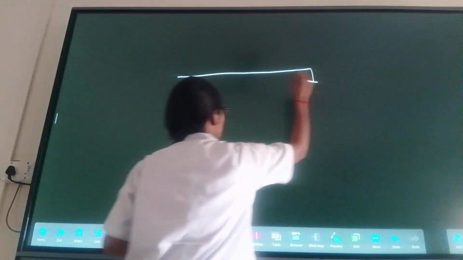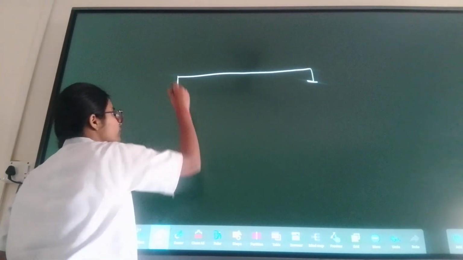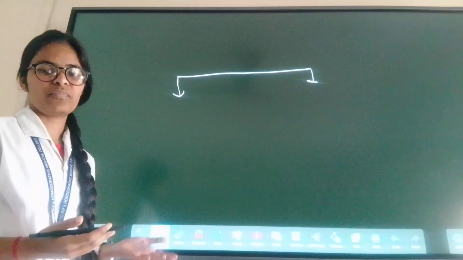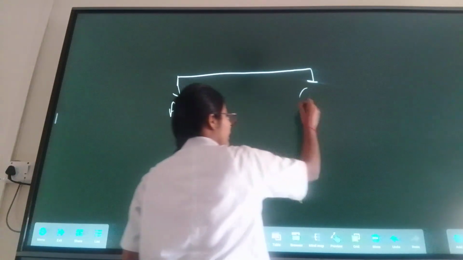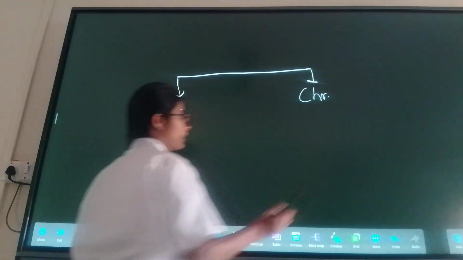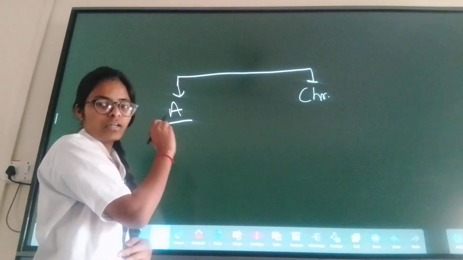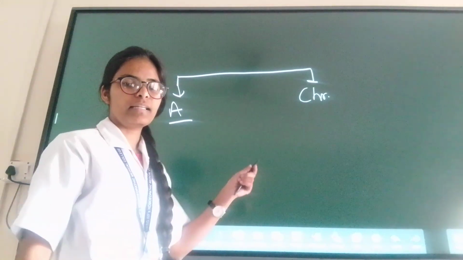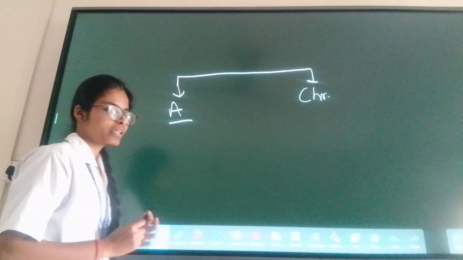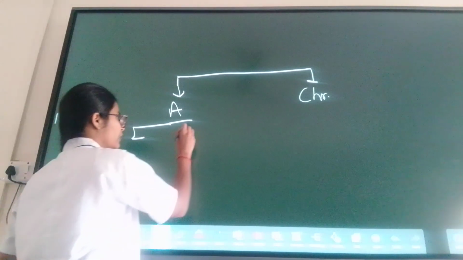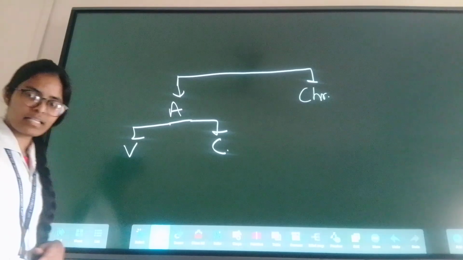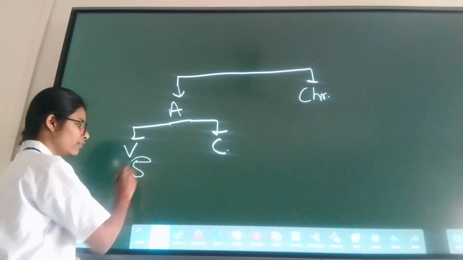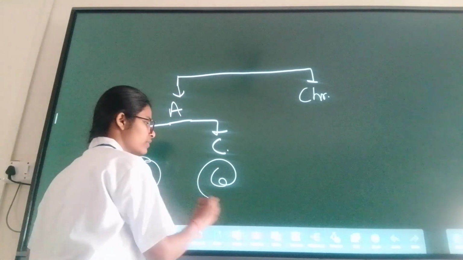Next is the types of inflammation. There are two types of inflammation broadly: acute and chronic. In acute there are neutrophils, and in chronic there are lymphocytes. In acute there are two events: vascular events and cellular events. In vascular events there are 5 mechanisms, and cellular events have 6 mechanisms.